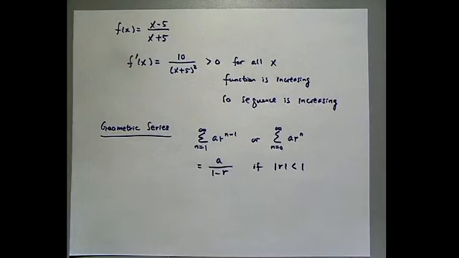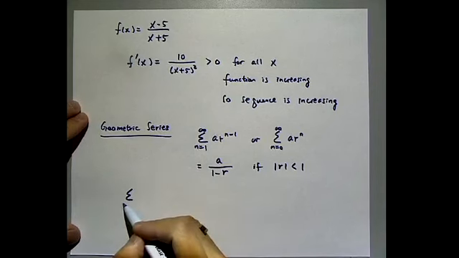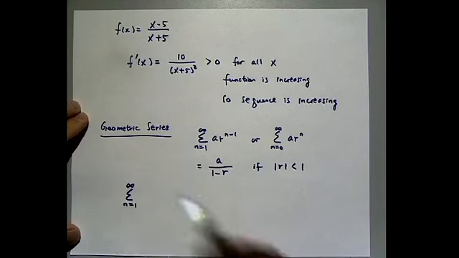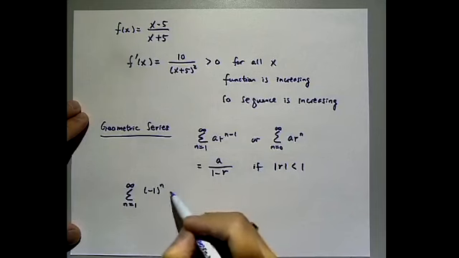Okay, so there are the things we can deal with for the geometric series. Now let's do this example here. This one is a little bit complicated. If you can do this one, you should be in good shape as far as geometric series go.